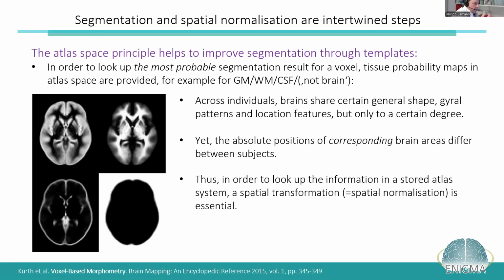And to optimally use atlas information, you have to take the individual brain to the atlas space in order to look up what the most probable tissue class of that spot or voxel would be. In other words, you need a spatial normalization algorithm that takes you from the individual brain to an atlas geometry.